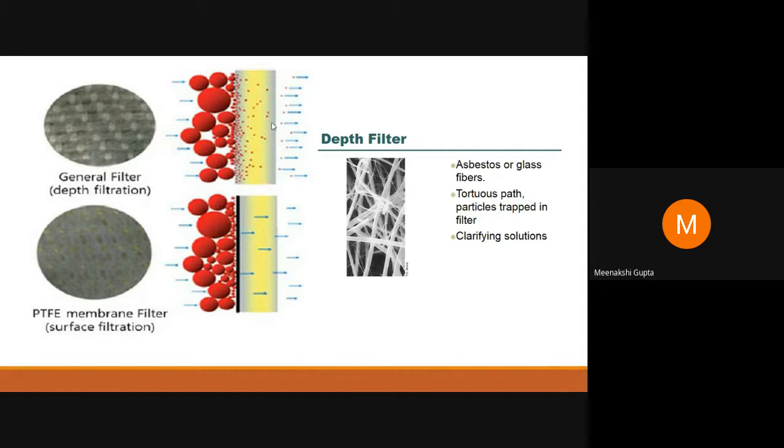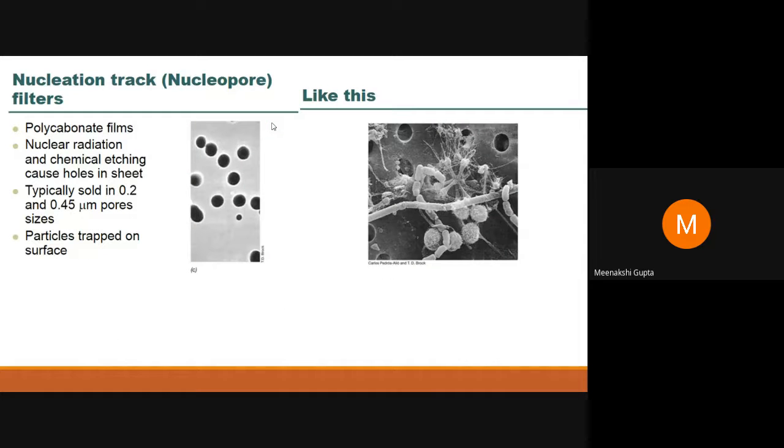The particles are trapped between the fibers, and usually glass wool or cotton wool is used for clarification purposes, just to remove the fine dust particles present in the preparation. So depth filters are used for this purpose.